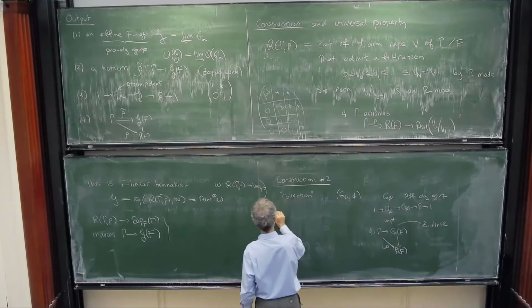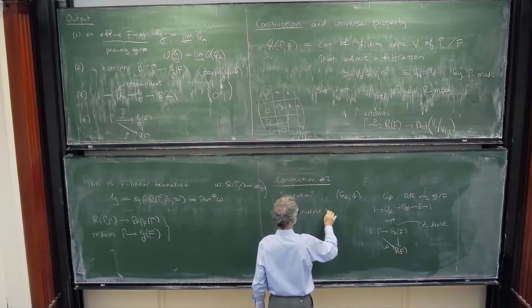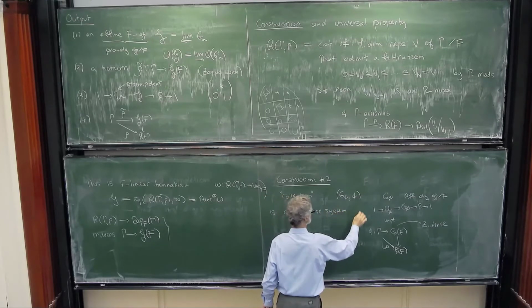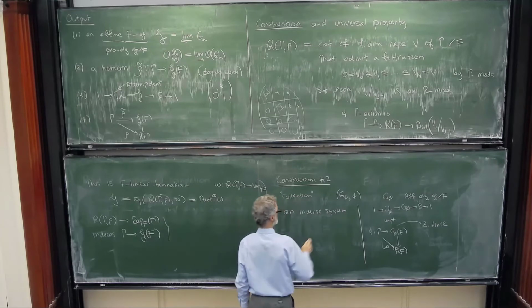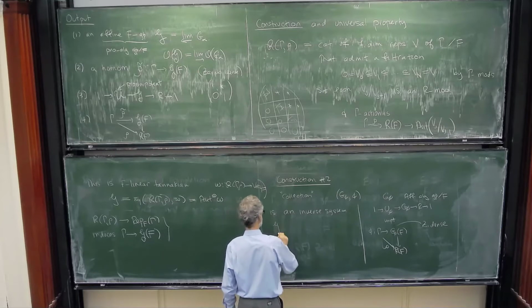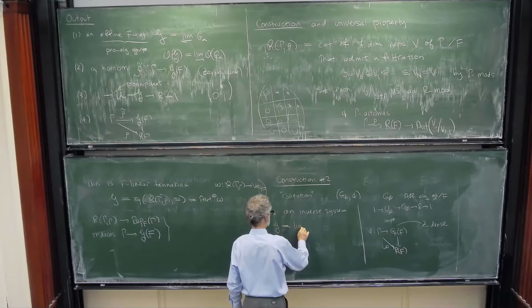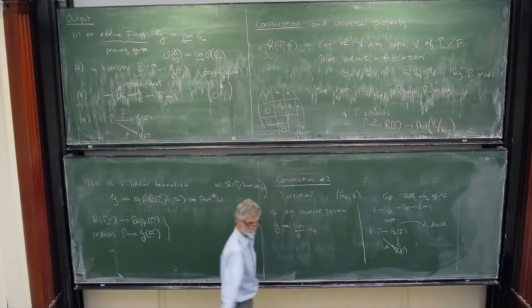So this is an inverse system. And that's an exercise, and now you just take the inverse limit. So G is just the inverse limit over all of these Zariski dense representations of G_phi.